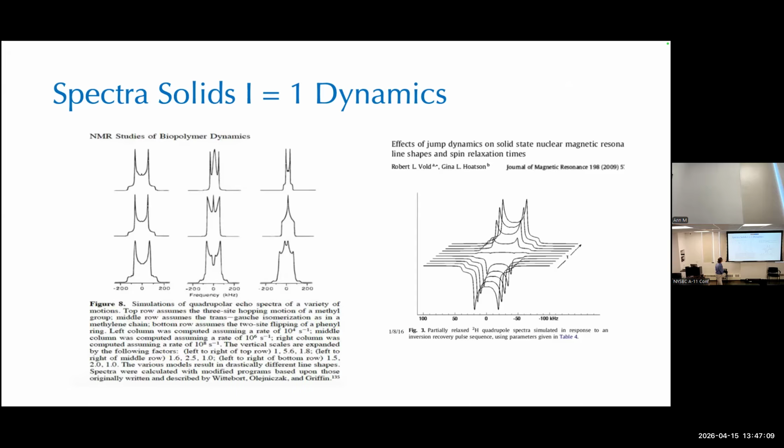We know so much about this, and it's almost 100% from these kinds of broad lines. These are simulations that we did with an early student in the group, John Williams, and wrote in a review article, and they correspond to three scenarios. So the left column is slow, the right column is fast, 10 to the 8th, 10 to the 4th, and the column in the middle is intermediate exchange, and the actual signal intensity expected is much weaker than the left or the right.